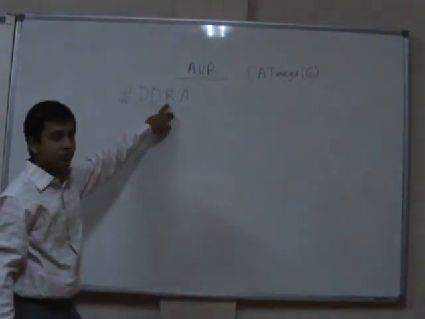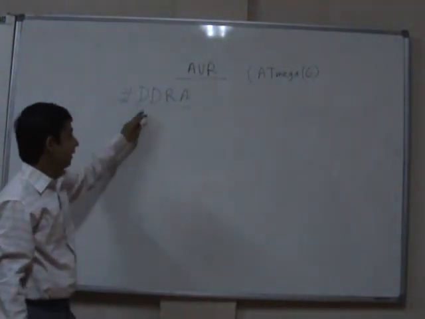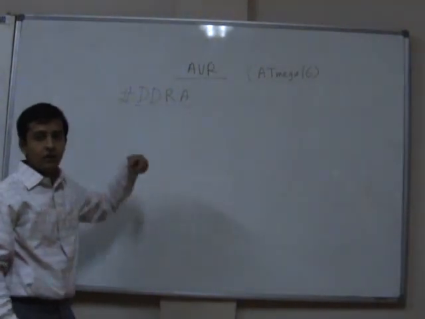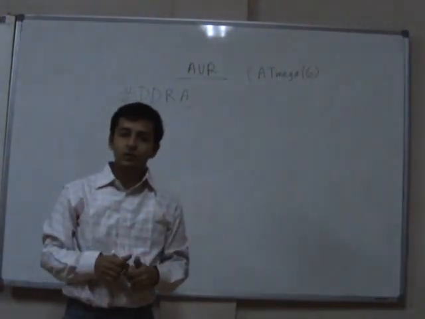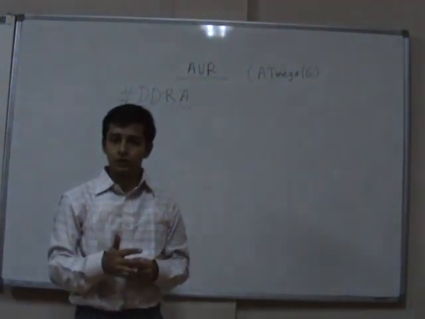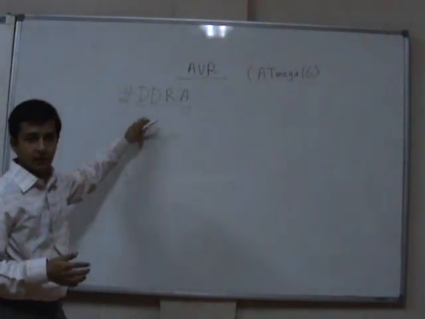Data direction register for port A, DDRA. As the name implies, the data direction register configures the direction of the port, whether the port will be used for input or for output. That setting is done by the DDR register.